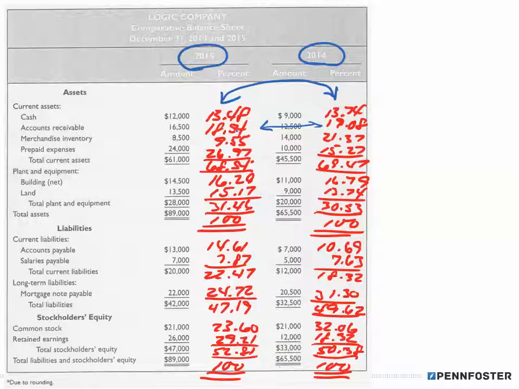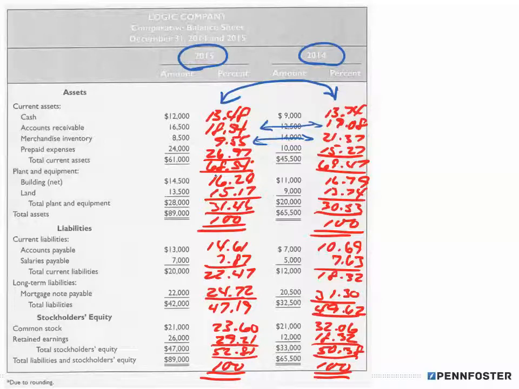That's down 0.5%, meaning, that's not much, but that means we actually collected more of our accounts receivable than we did the previous year. People paid us. In merchandise inventory, that's a pretty big percentage here, in that we had 21% in inventory, and in 2015 we only had 10%. That's half.